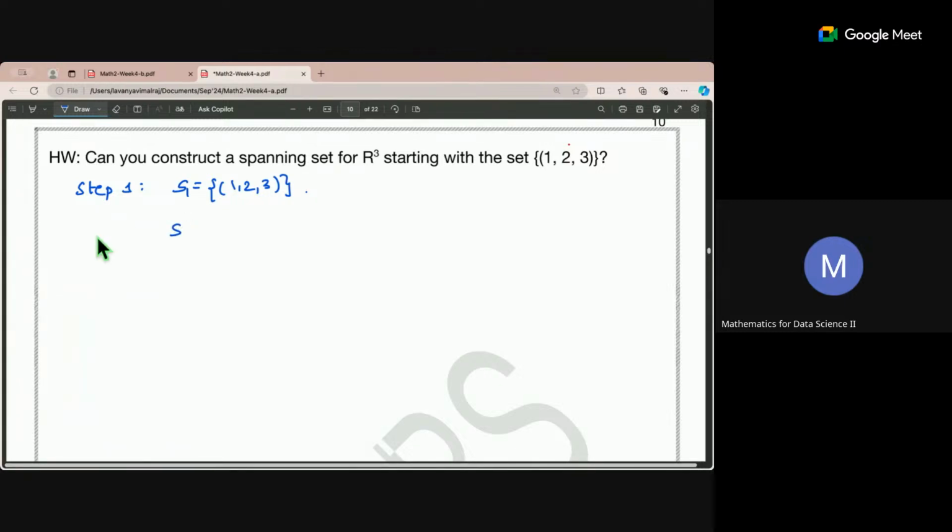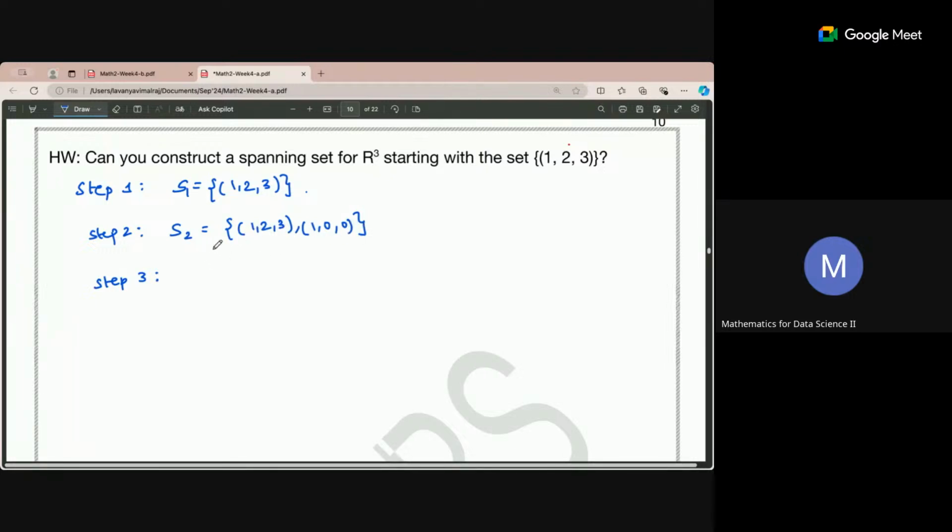So now step 2, I'm adding a simple vector (1, 0, 0). Are they linearly independent? They are not multiples of each other, right? So they are linearly independent. Now step 3, I have to find a vector which is outside the span of this, so it should not be a linear combination of this.